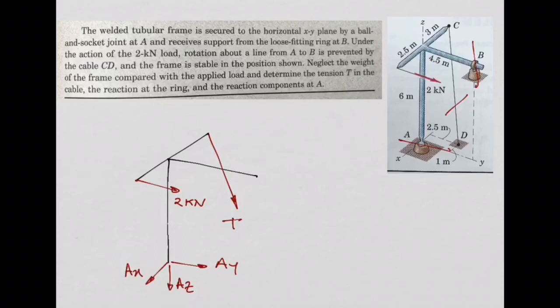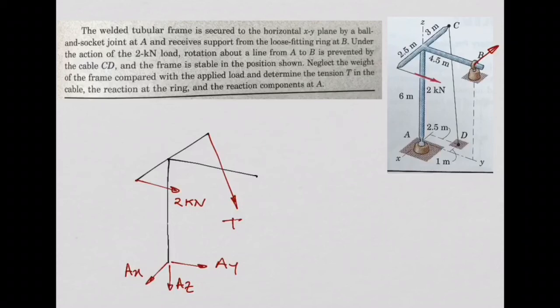Now, point B. I'm going back to this figure here, it's easier. Imagine if I try to move point B in this direction, in the x direction, do you think that support will allow me to do that?